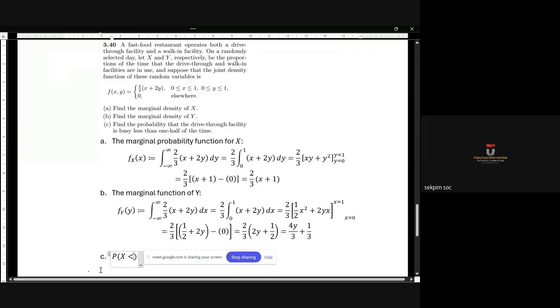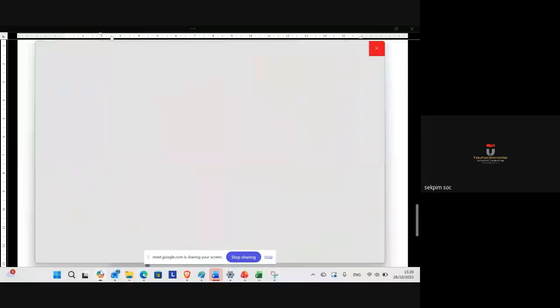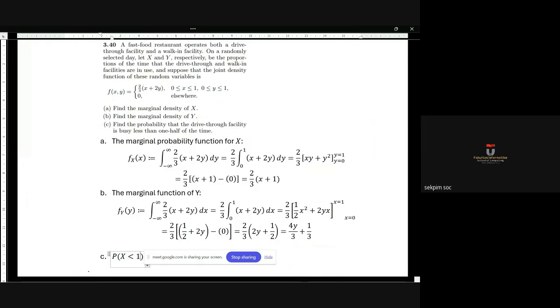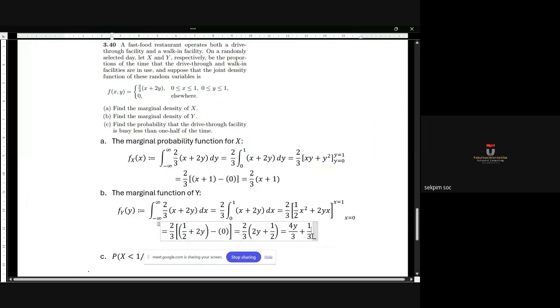So this one is less than 0.5, right? 0.5 or 1/2. Okay.